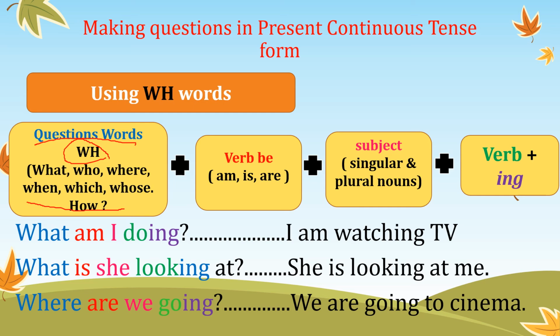And then after that, followed by verb be. Am, is, are. And then followed by the subject, singular and plural noun. And then the last one, as usual, verb ing. So let us take a look at the first example. We start with question words, and we choose what, meaning apa, and then verb be, am, because the subject is singular, I. What am I?